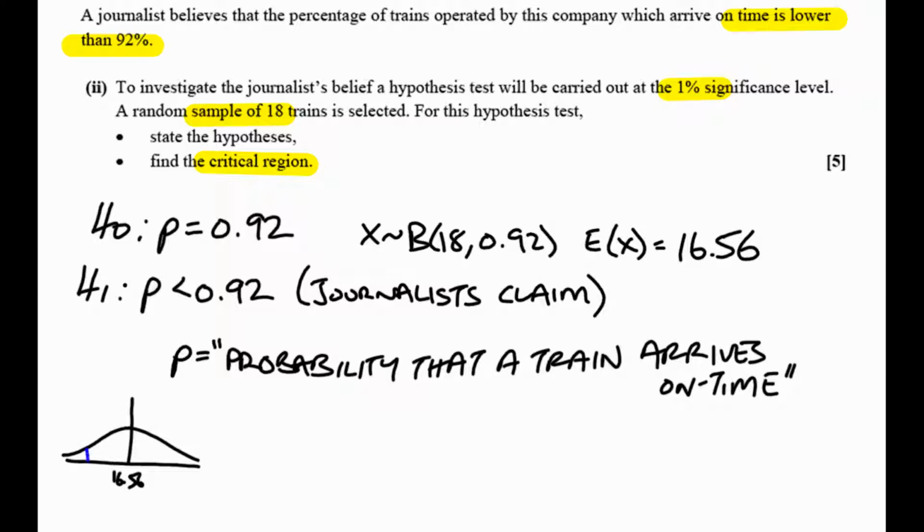I want to know how few would I need to have for me to reject H0. How few trains would I need to have so that that number of trains was over here in this region where we're happy to reject, in this region which we refer to as the critical region.